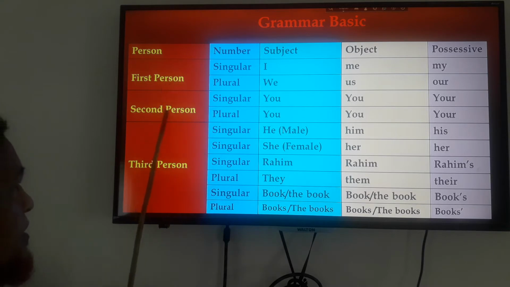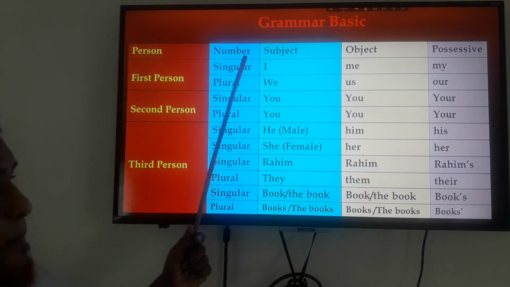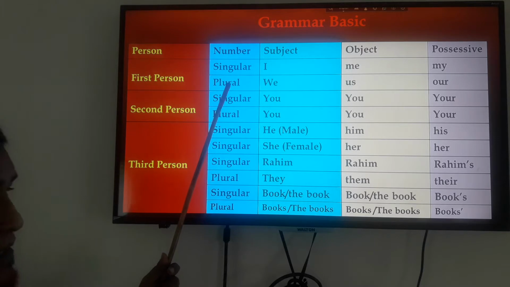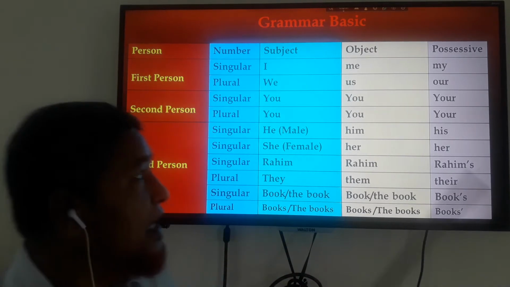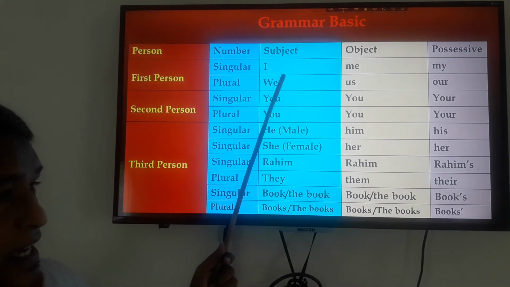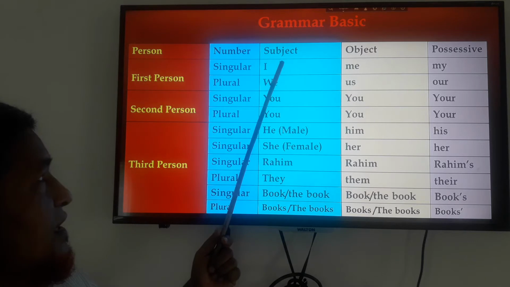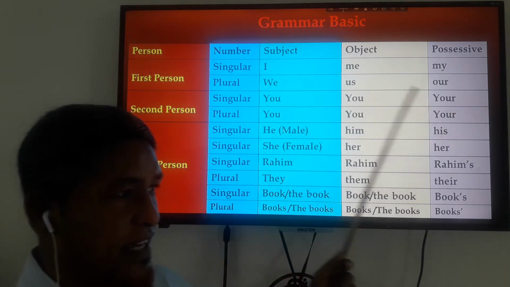And number is of two kinds here, singular and plural number. And we know that there are three kinds of cases: nominative case, objective case, and possessive case.